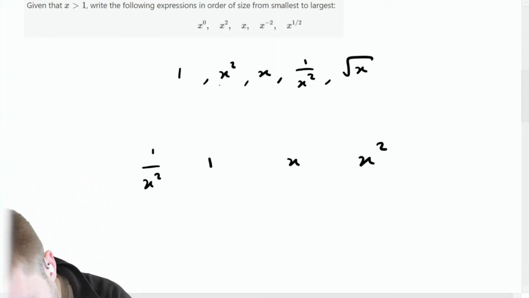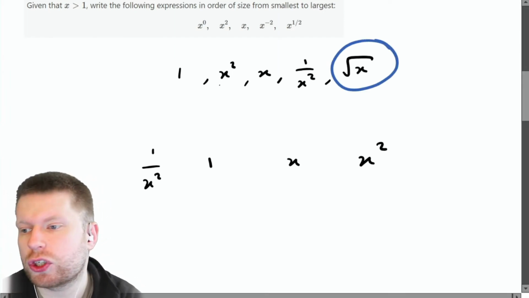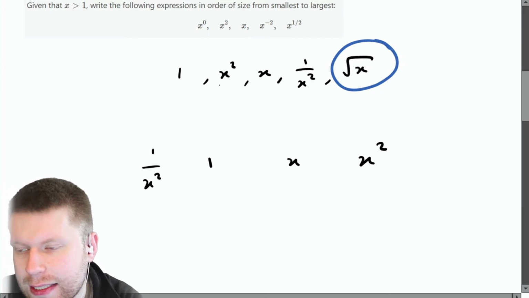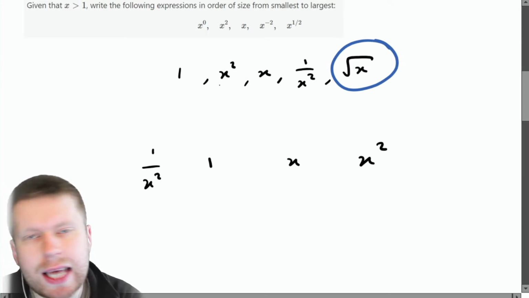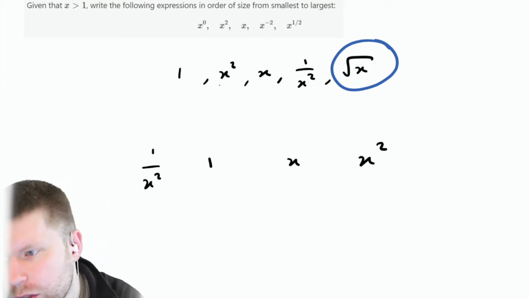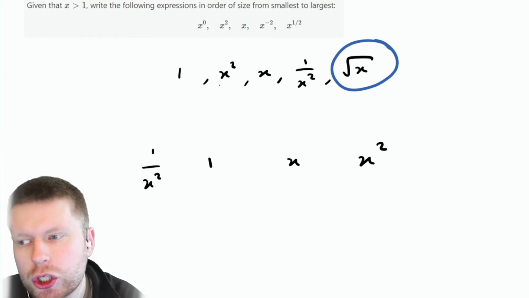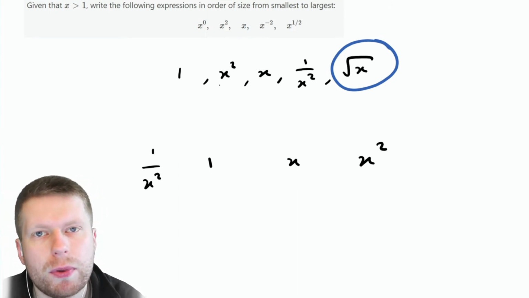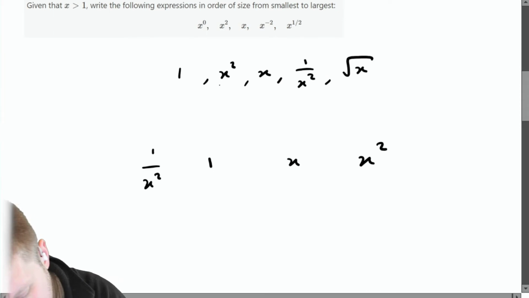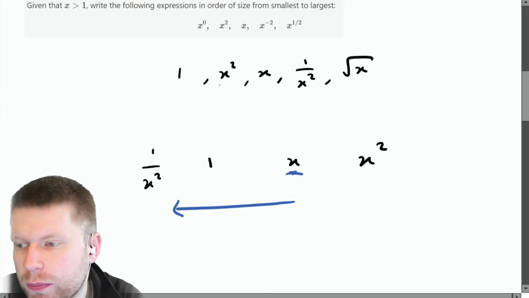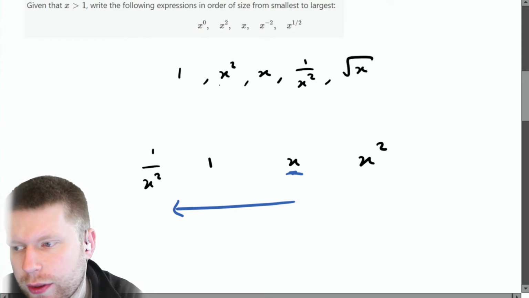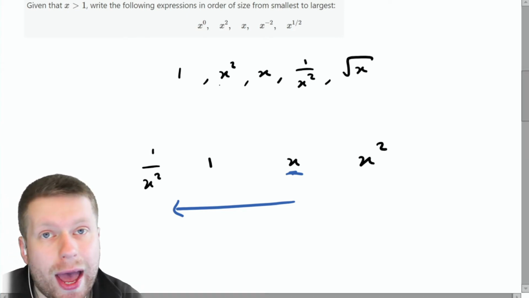Next, it's just a case of considering, well, what about the square root of a number? Where in this list does this fit? Well, if I take 4 and I square root it, it should become 2. So it should be smaller than the number that we started with. So I know that if we start with x and I square root it, we're looking at a number which has got to be on the left-hand side of that. It's got to be smaller than that. But the question is where?